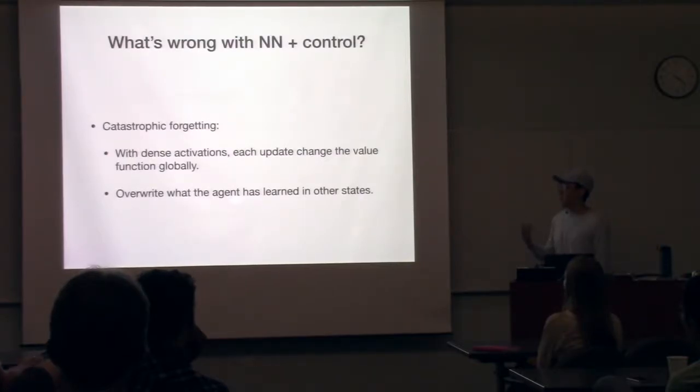If we have dense activations in our neural nets, each update changes the value function, your estimated value, globally for all of your states. So assume we have an agent doing many iterations of updates in one state, it might eventually overwrite what the agent has done in other states. That's the forgetting problem.